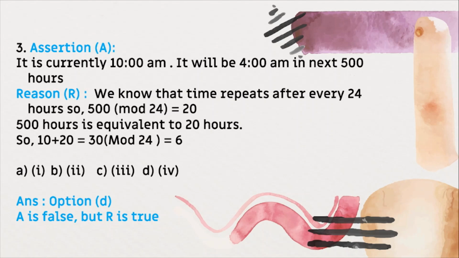In these 30 hours, another 24 hours will take place, so take off the 24 hours. That is why I have written modulus 24. So 30 mod 24 will be 6. That is the remainder 6. So it will be 6 a.m. after 500 hours. But in the question it is given 4 a.m. So the reason is correct. The assertion is false. When the assertion is false, we directly go and land upon option D.